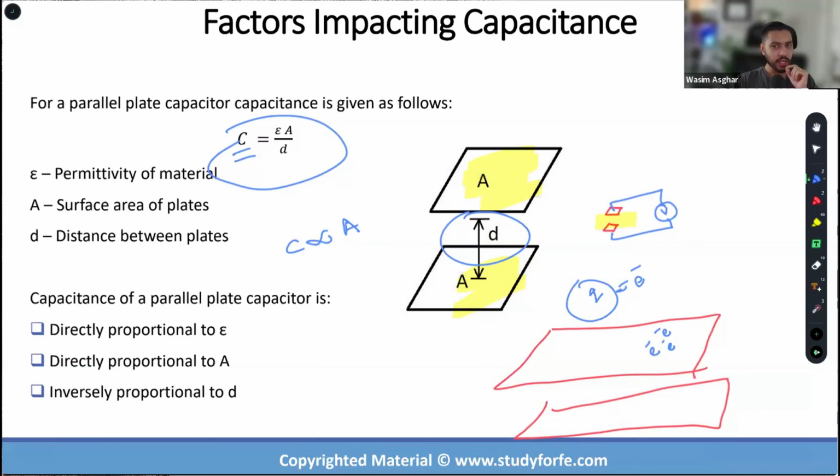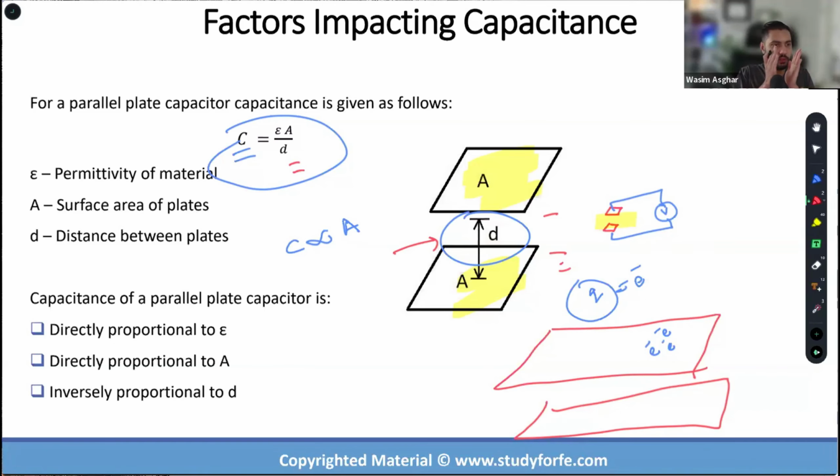Okay. The distance piece is a little bit intuitive, but the interesting thing about the distance is that the capacitance is related to the voltage. Now, as you can see, if I increase the distance, then the electric field strength is basically going to reduce.